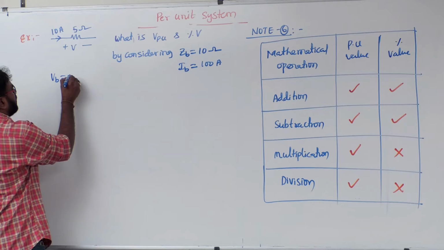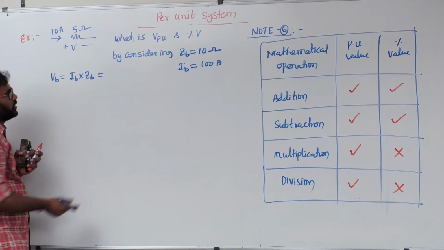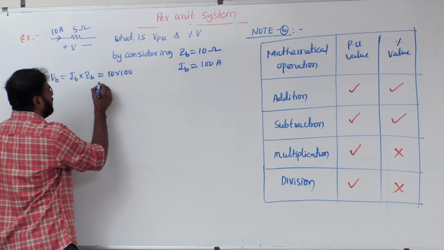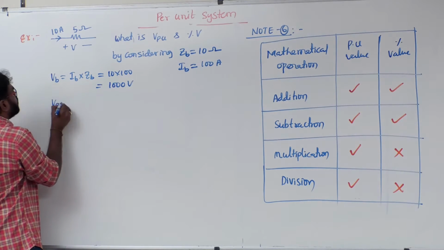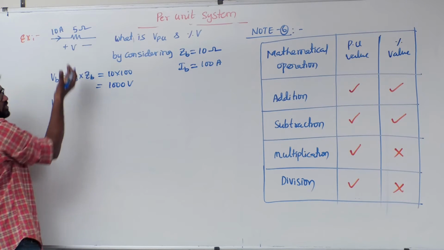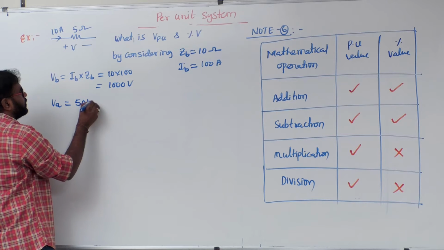I can write V base equal to I base into Z base, nothing wrong. So 10 into 100, which is 1000 volts, that is V base. But what about V actual? The voltage across the resistor equals current into resistance, simple Ohm's law. 10 into 5, directly I am writing, sir, 50 volts.